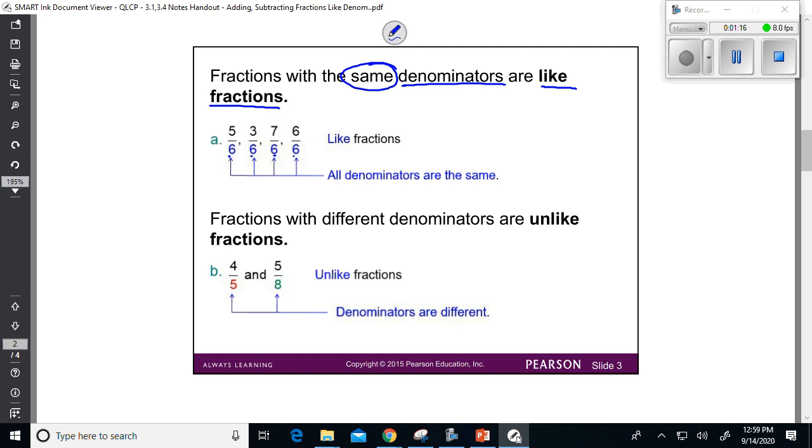Like fractions can be added and subtracted. If the denominators are different, they're unlike fractions. Unlike fractions, you would need to force the denominators to be the same.